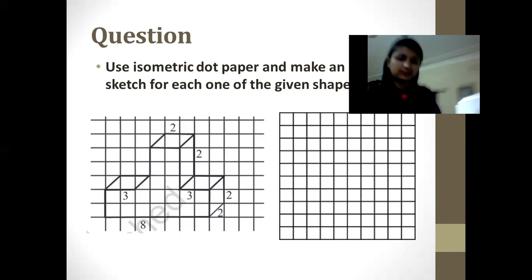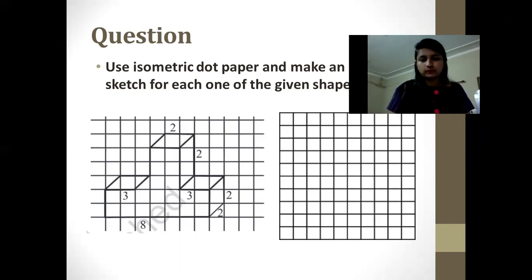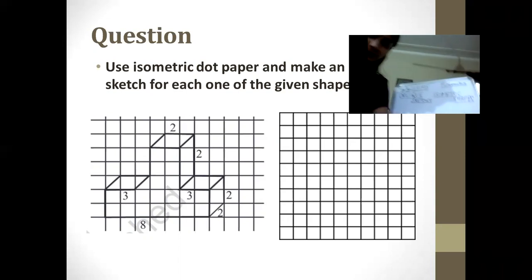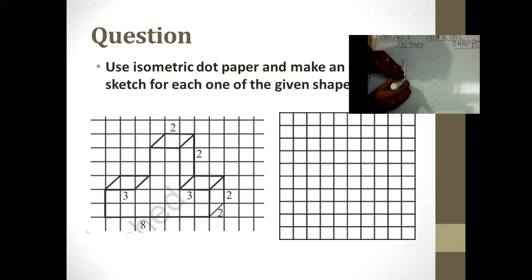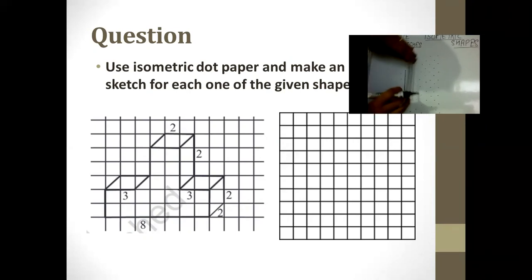Okay, let me show you over here as well. I hope the area is visible to you all. Like I have made the cuboid over there as well. Now I would be drawing a cuboid on the dots. These are the dots basically. I would be picking some random one and joining them like this.